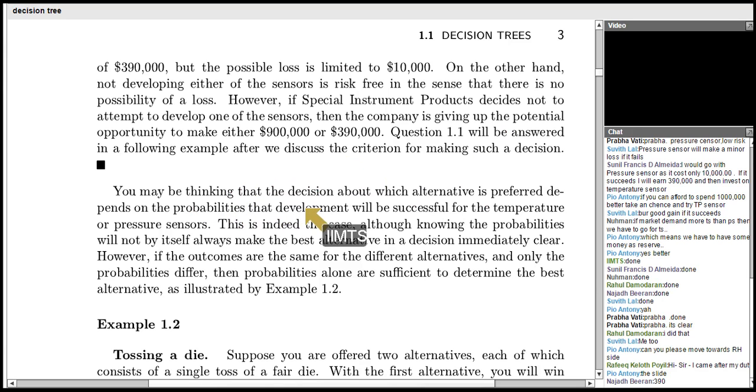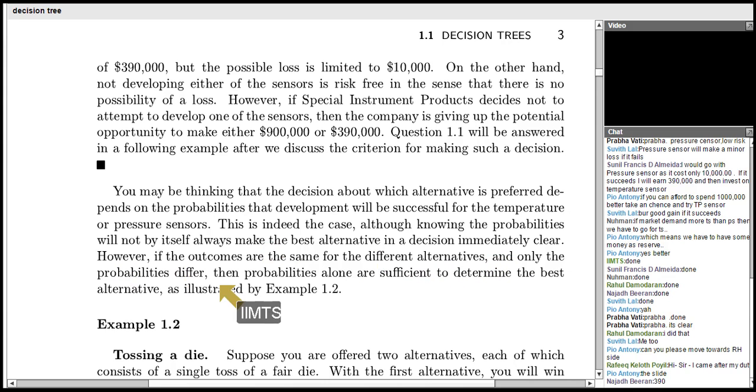You may be thinking that the decision about which alternative is preferred depends on the probability that development will be successful for the temperature or pressure sensor. This is indeed the case, although knowing the probabilities will not by itself always make the best alternative in a decision immediately clear.